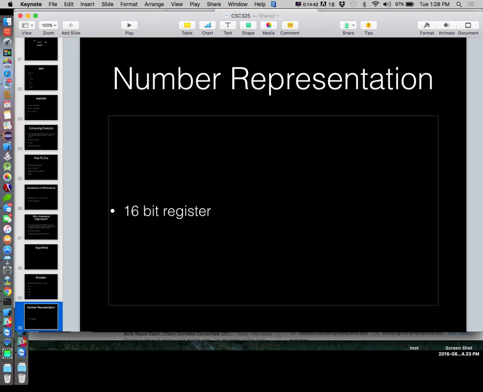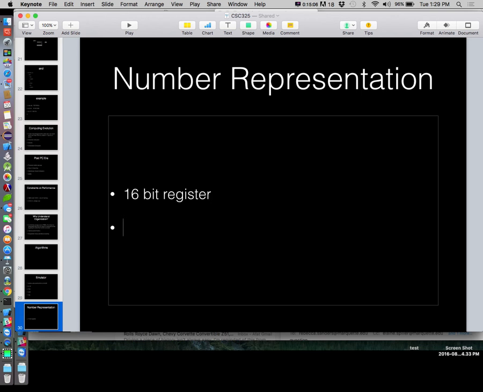What does it mean to be a register that's capable of holding 16 bits? Kind of like an array, right? It's an array with 16 buckets in it. Each of those buckets, I can put a single bit, a 0 or a 1. I can't hold any more than that in that register, because that register can only hold 16 of those.